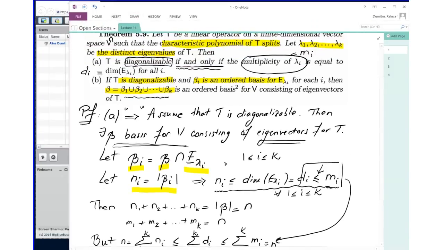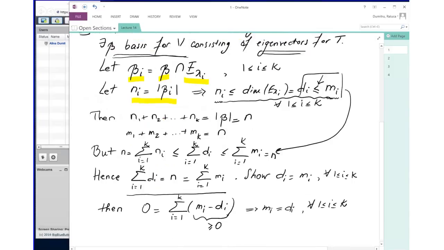Okay, now going backwards. Going backwards in part A means that every m_i equals d_i, and you want to show that T is diagonalizable.